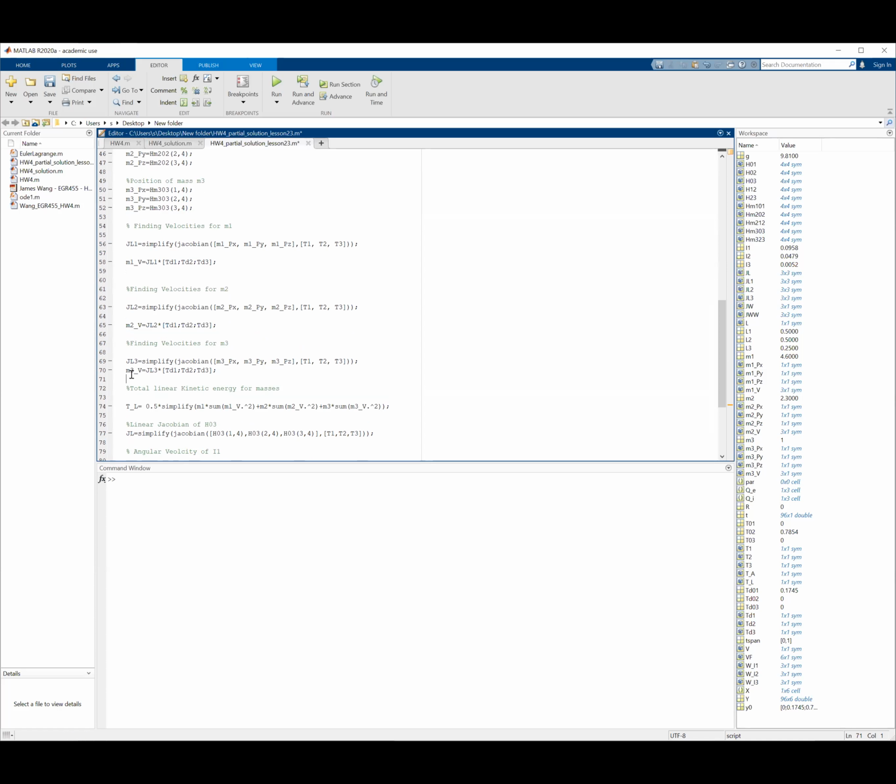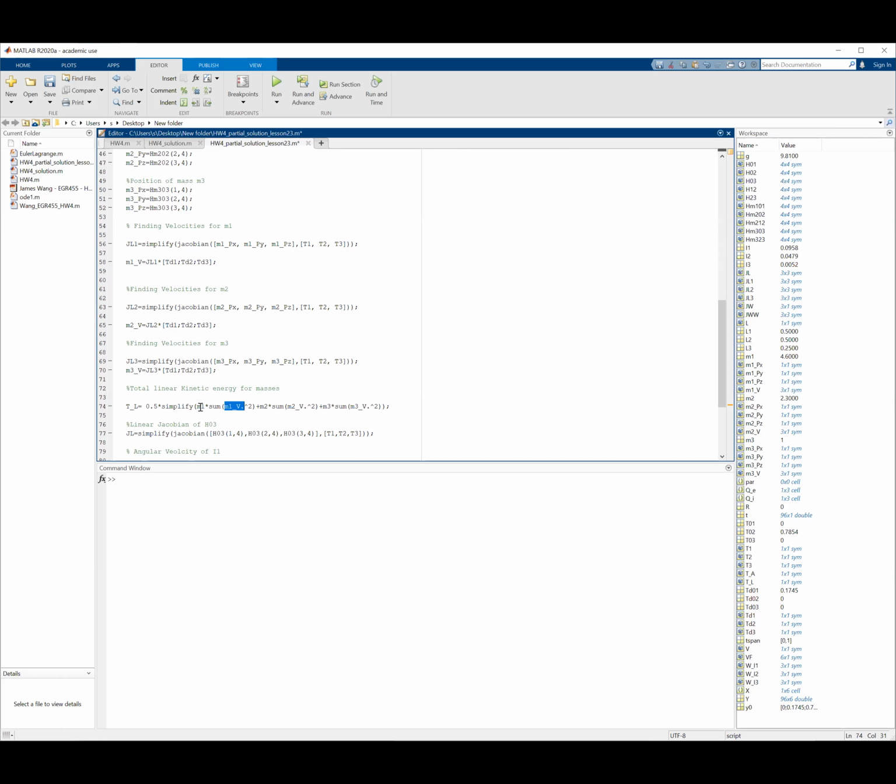And once I got these values, finding the linear translational kinetic energy is very simple. I squared each velocity vector, so each term in the velocity vector was squared.